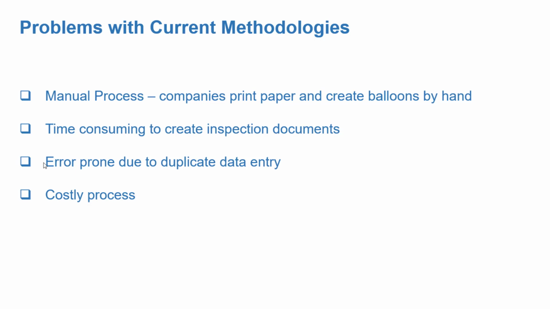It is time consuming to create inspection documents, which we already know. It is also always error prone due to duplicate data entry, and a costly process, we can say. So these are the main problems with the current methodologies.